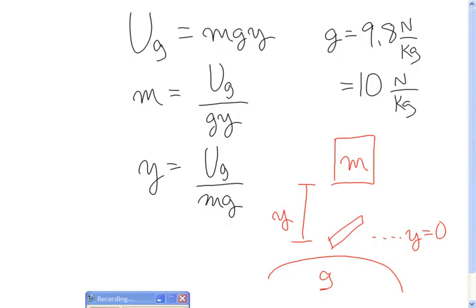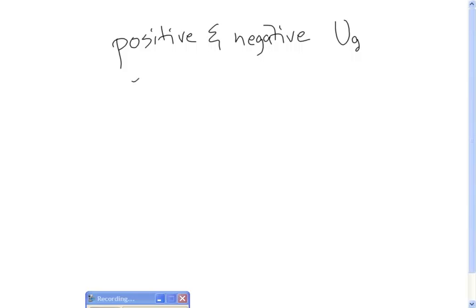Concerning positive and negative gravitational potential energy. Does UG have a direction? Okay, this is treacherous. All these energy quantities are scalar.